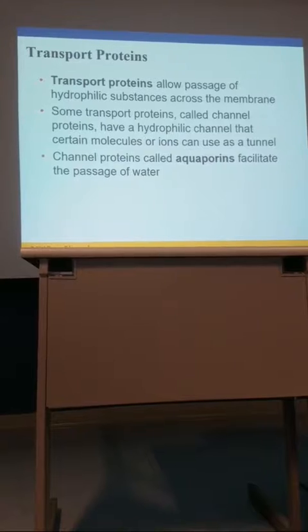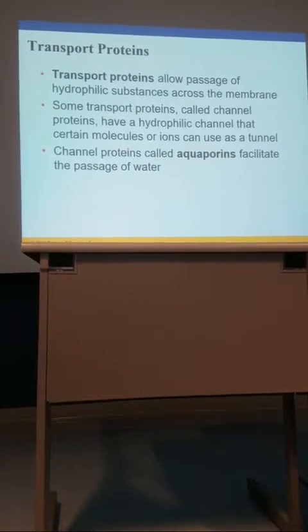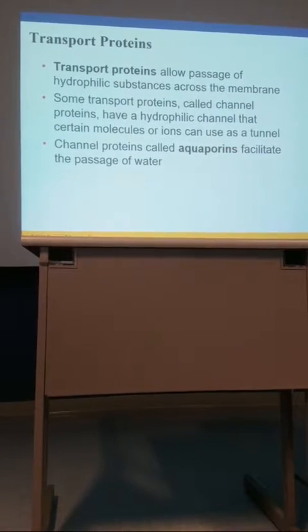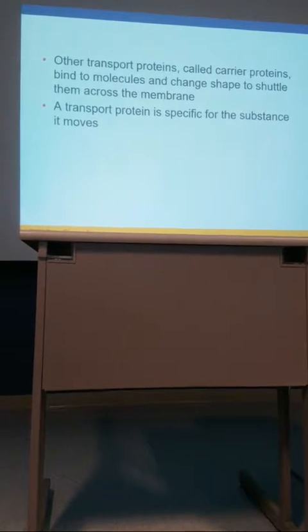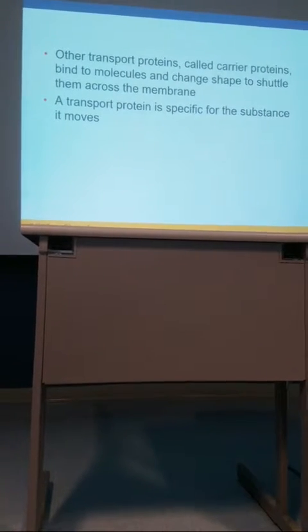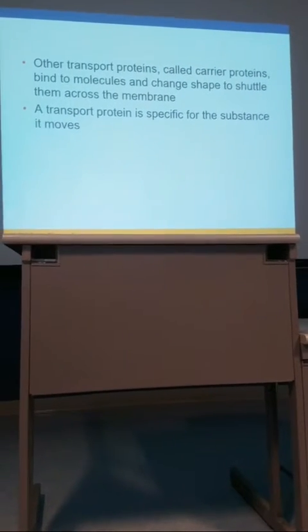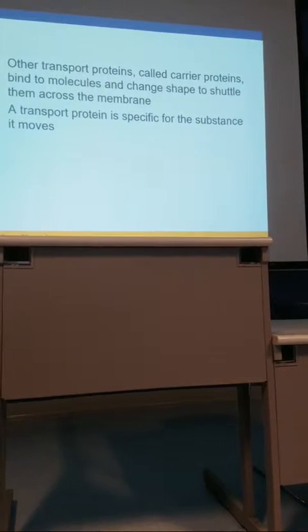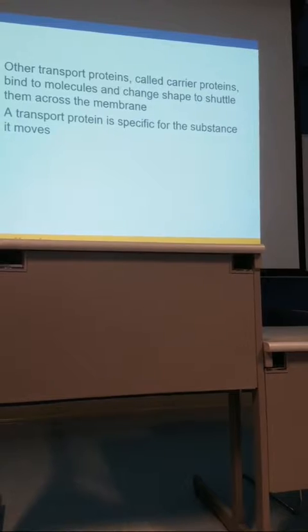For water, there are proteins called aquaporins that allow water to come through. Another type of protein is called a carrier, where it actually binds to the molecule, changes the molecule's shape so that it can go through the channels.